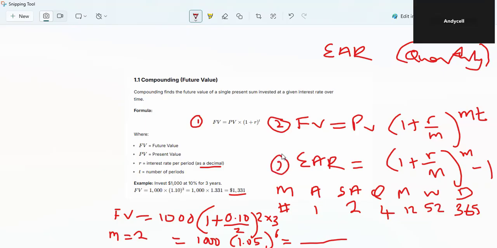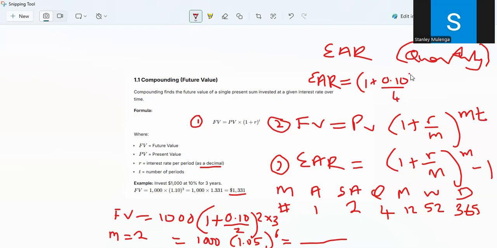So EAR quarterly. You'll discover that the effective annual rate has no time. So 1 plus 10%, 0.1 over 4, to the power 4, minus 1. So what is the effective annual rate in that case?